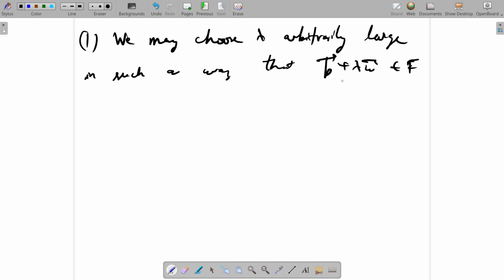If you choose lambda too big in either the positive or negative direction, you will always exit this set. But of course, F need not be compact. That's why we're exploring these two possibilities. We may choose lambda arbitrarily large in such a way that P plus lambda W is in F, and C dot (P plus lambda W) can be made arbitrarily small.